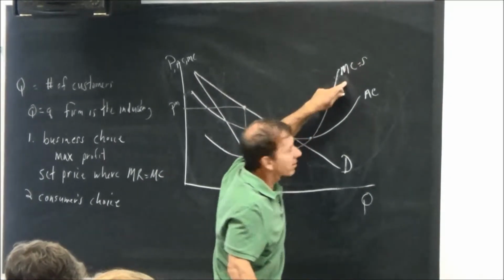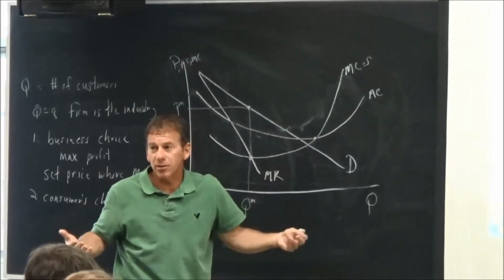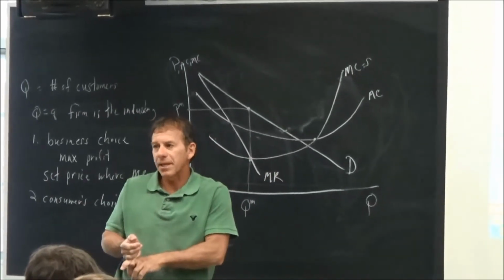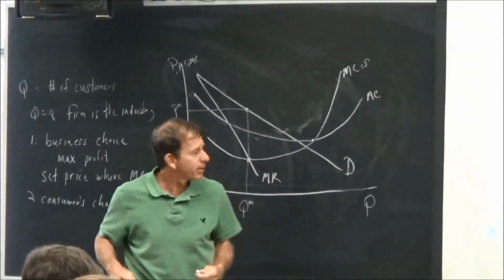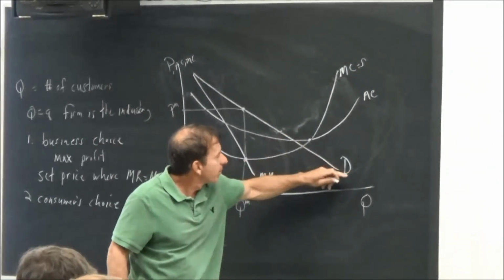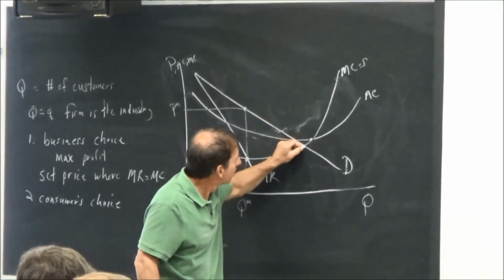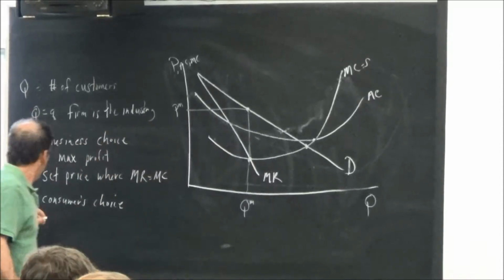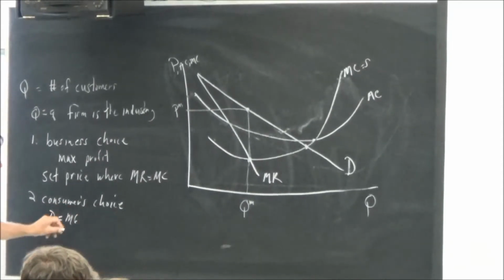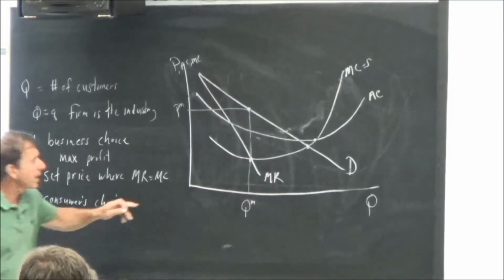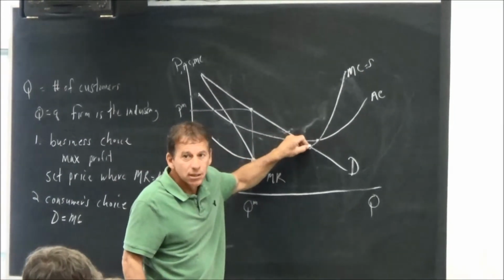The marginal cost curve is typically looked at as being your supply curve, at least in a perfectly competitive market, right? Your marginal cost curve and your supply curve are synonymous. And then this is your demand curve, so when supply and demand intersect, it would be right here. So demand equals marginal cost right here.